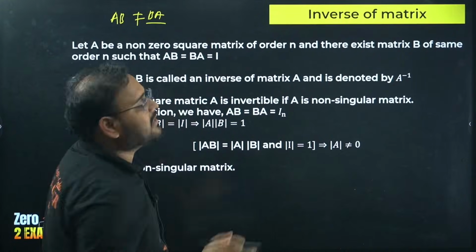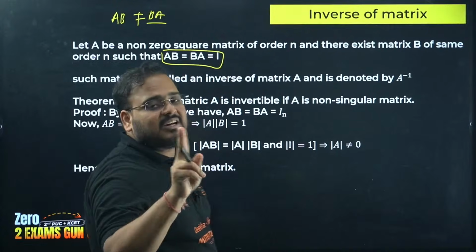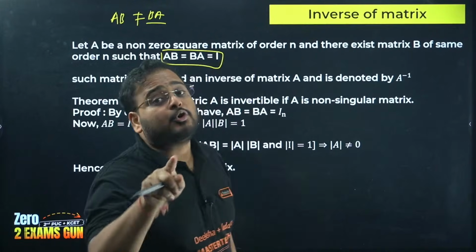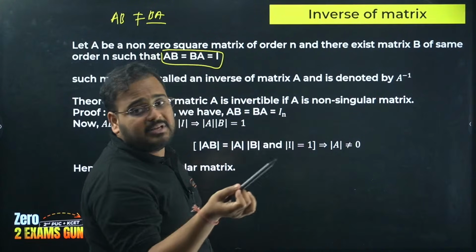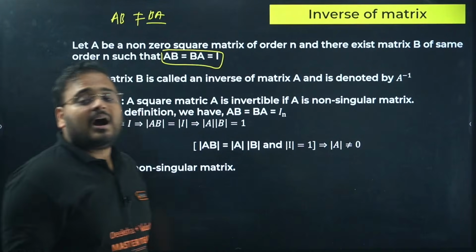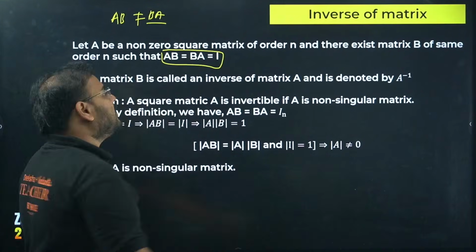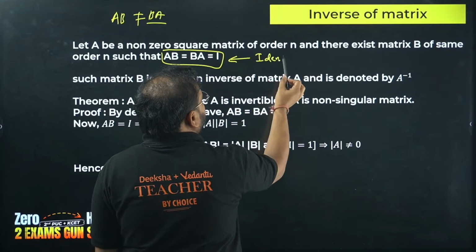This happens only if the matrices are inverses of each other. If A is the inverse of B, and B is the inverse of A, then only can we say AB and BA are equal, and equal to the identity matrix.